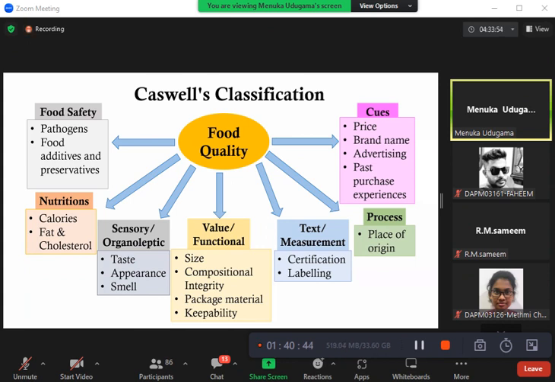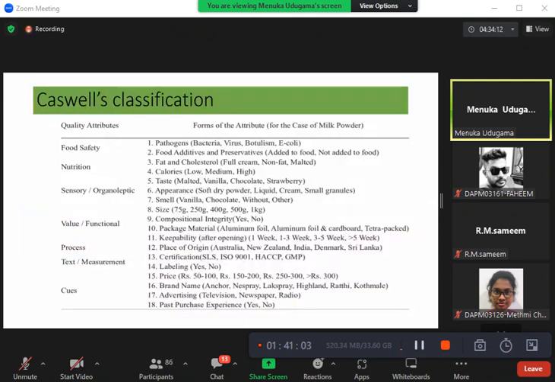And taste, appearance, right? Size will have to comply with the standards. So let's take an example. Now, if you take milk powder, in the first column, you see the food quality attributes, and in the second column, you can see how you can actually quantify whether it complies with the standards.